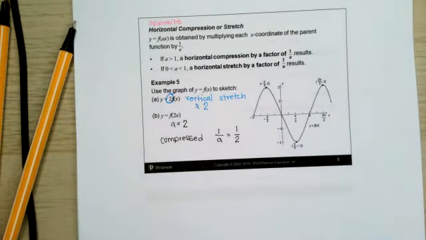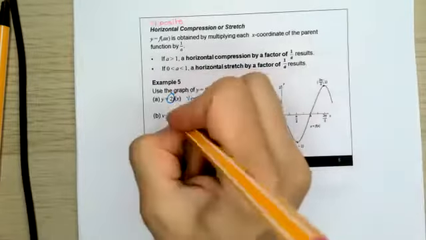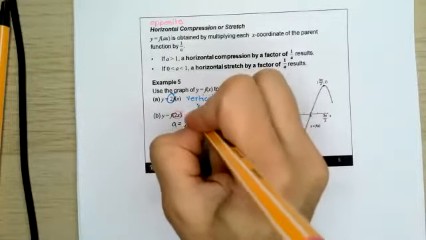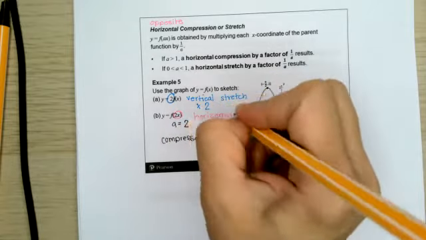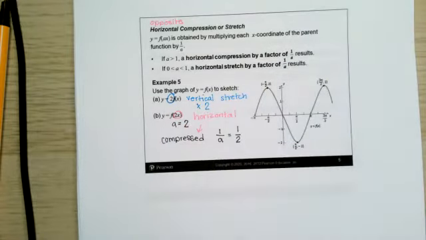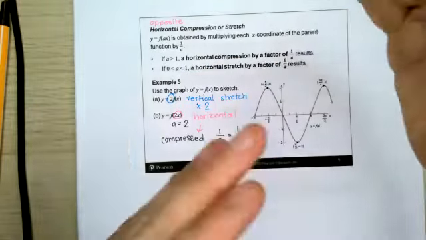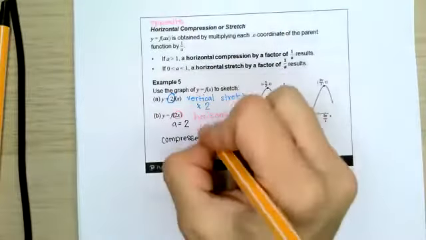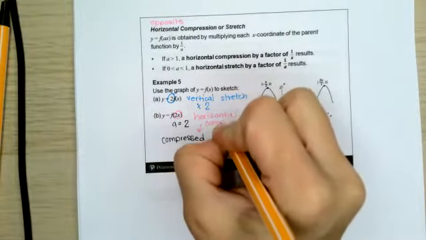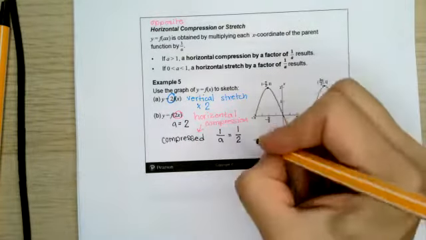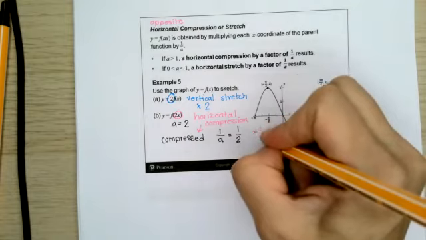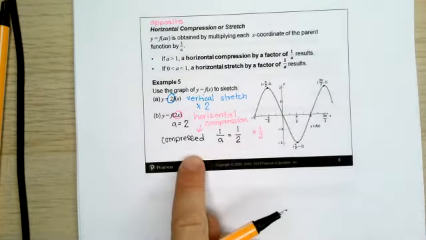Good. Because this one is within the grouping symbols, this is a horizontal compression. If it's stretched, that means it's getting bigger. If it's compressed, that means it's getting smaller. Horizontal compression, where all of our x values are multiplied by 1 over a or 1/2.